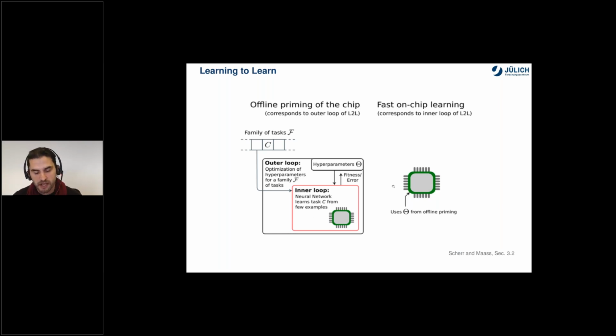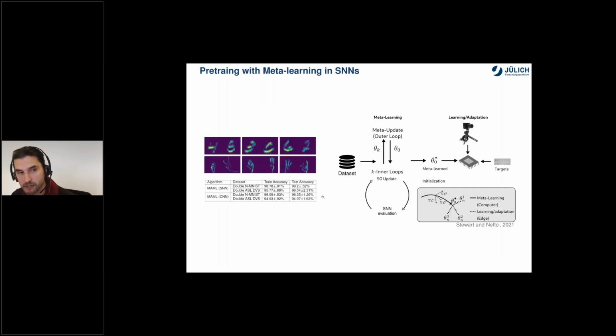And this would happen, for example, in the conventional computer. Once you've optimized this, you can map the parameters onto the chip and do fast on-chip learning. And it turns out that we're actually doing this using so-called gradient-based meta-learning, and we're able to pre-train these spiking neural networks in ways that even sometimes exceed the performance of conventional neural networks. This we're actually going to submit in just a couple of days to this journal.